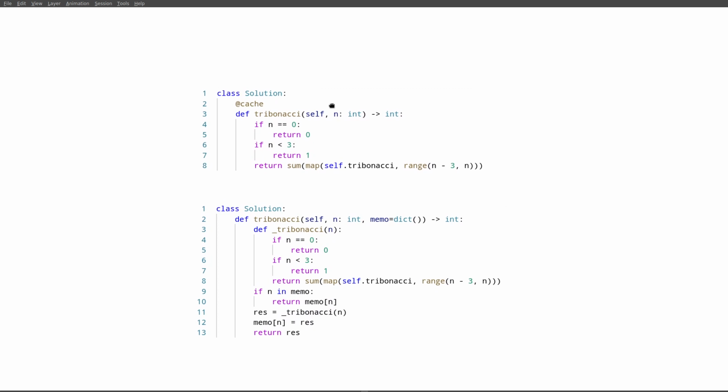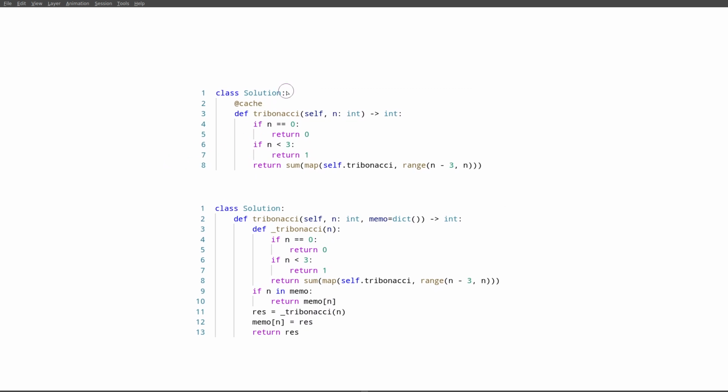In Python, you can utilize this cache decorator from functools, and in that way you can just implement your function to calculate those Tribonacci numbers in a usual way. So if n is 0, we return 0. If n is 1 or 2, we return 1.